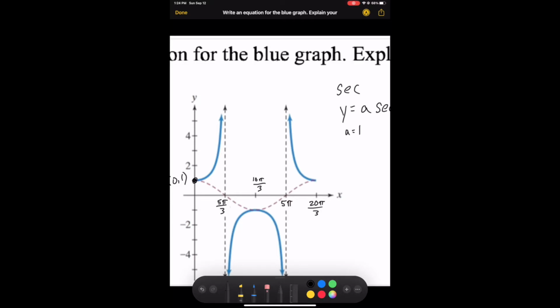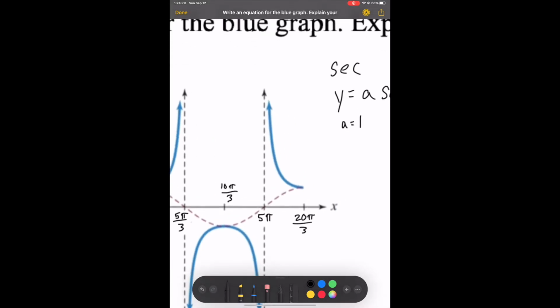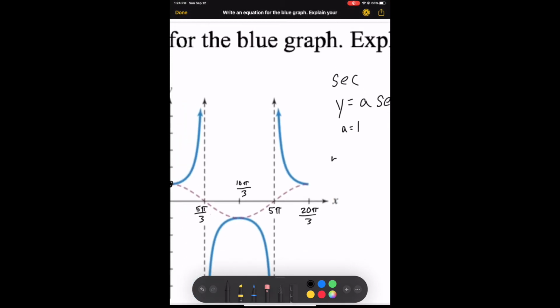Then we have to figure out what the B is. So B is part of the period formula, right? 2 pi over the absolute value of B is going to equal the period.